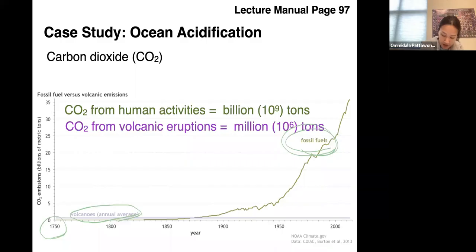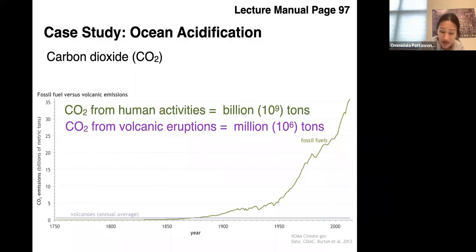Just from this graph alone, you barely see the CO2 emitted from volcanoes. Carbon dioxide from human activity is on a billion ton scale, but from volcanic eruptions it is only on a million scale.